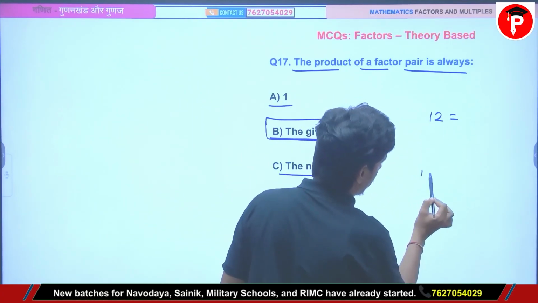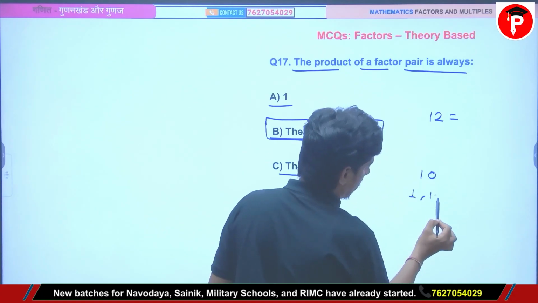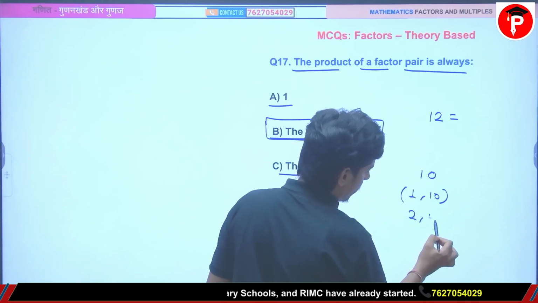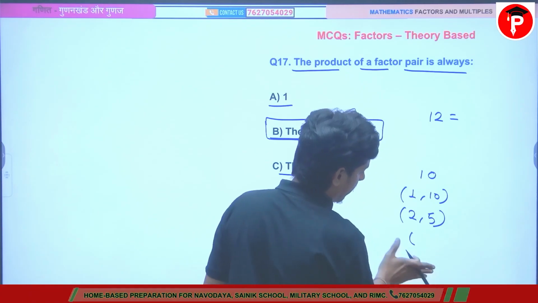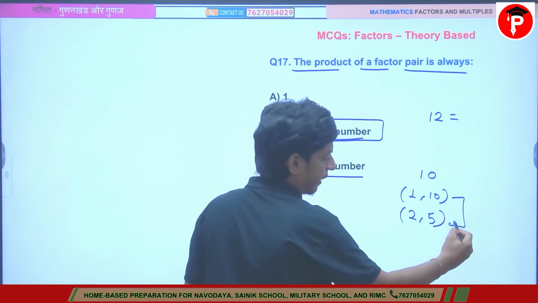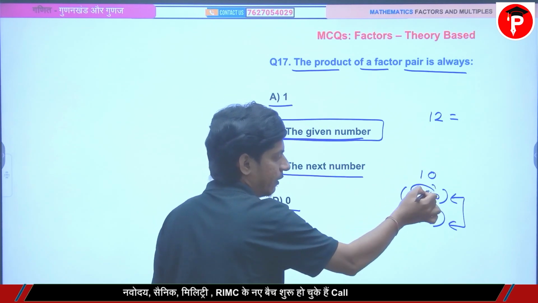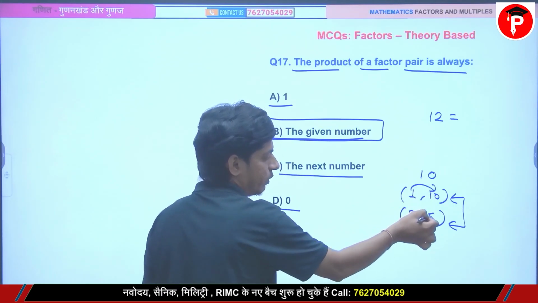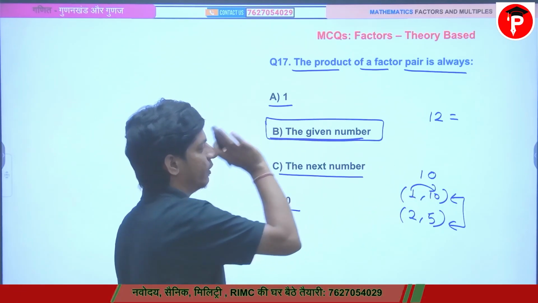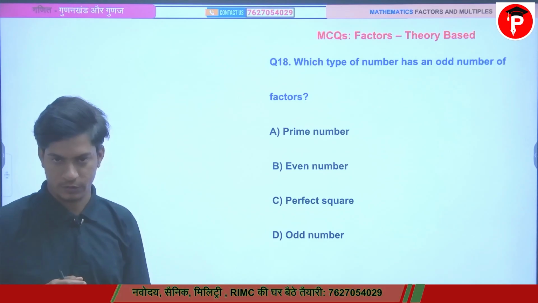If you talk about number 10, the pairs are 1, 10 and 2, 5. These are the factor pairs of 10. We multiply 1 with 10 and get 10. 2 with 5, we get 10. The given number will be your correct answer.